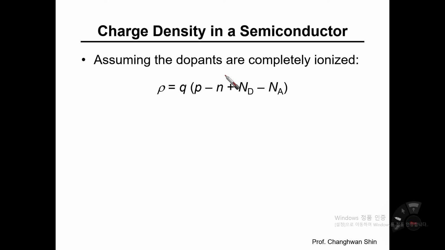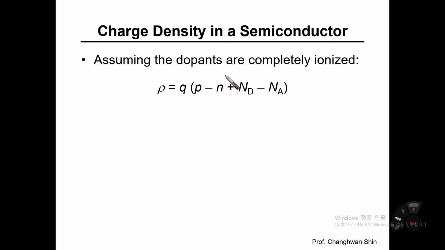Actually, dopant atoms are ionized not fully, but about 98.3%. In other words, 1.7% of dopant atoms cannot be ionized at room temperature. But anyhow, just to make our life much easier, let's assume that all the dopant atoms are completely ionized.